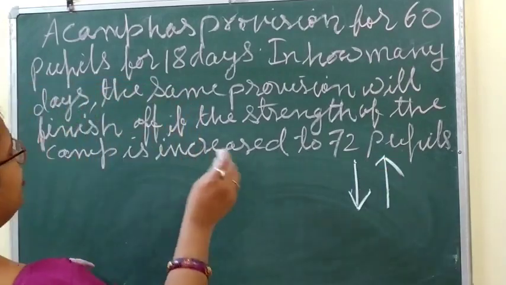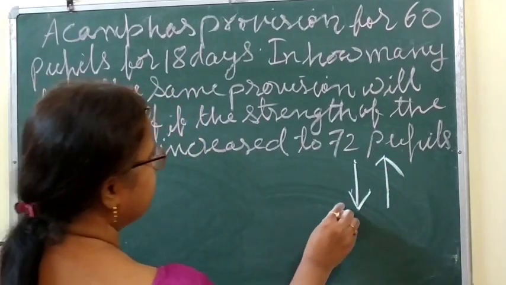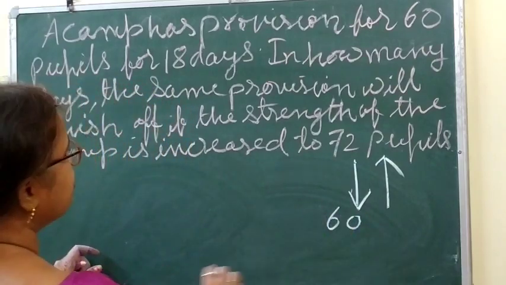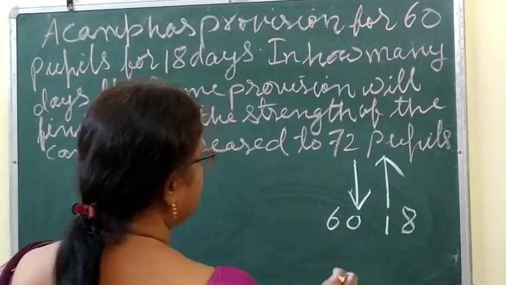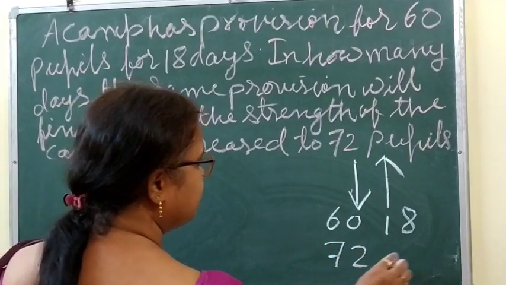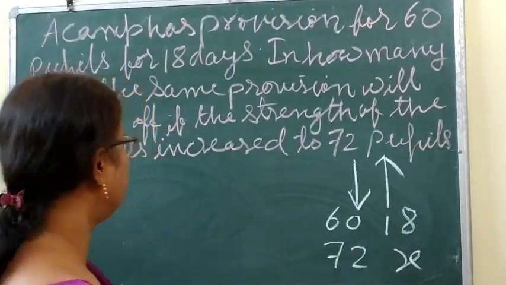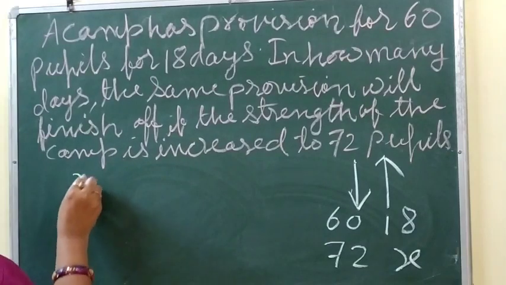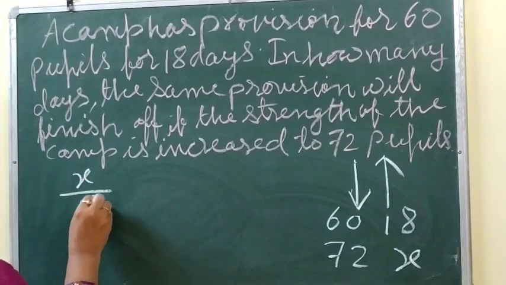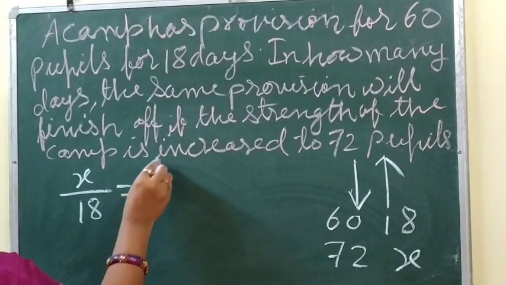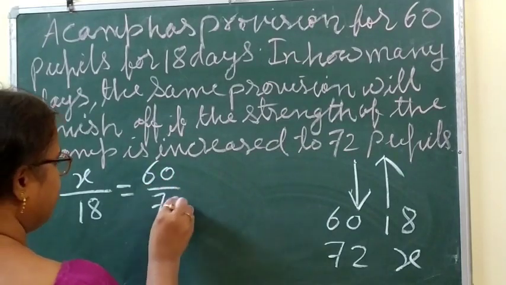So for 60 pupils, the provision lasts for 18 days. So for 72 pupils, let the provision last for x days. Clear? So how will we write the equation? This is inverse variation. So x by 18 is equal to 60 by 72.